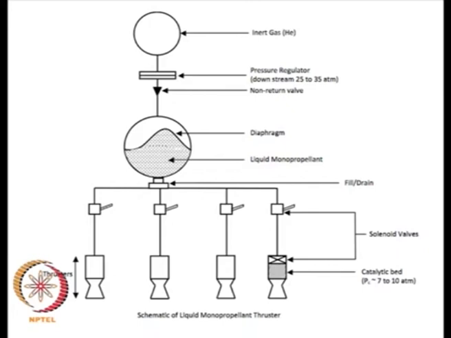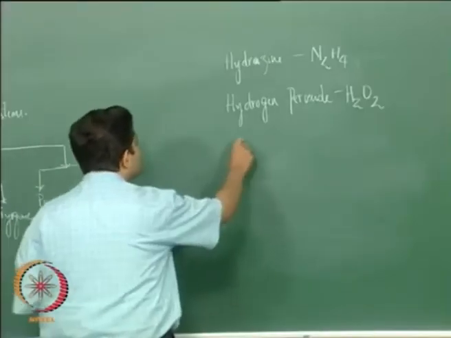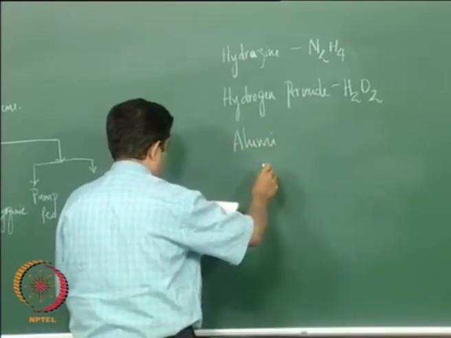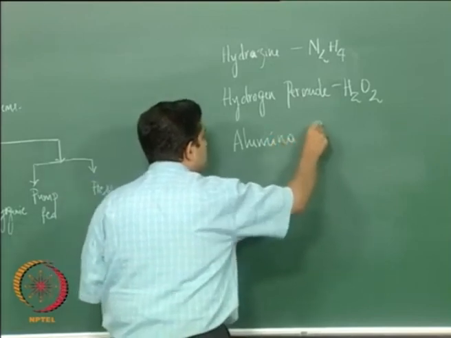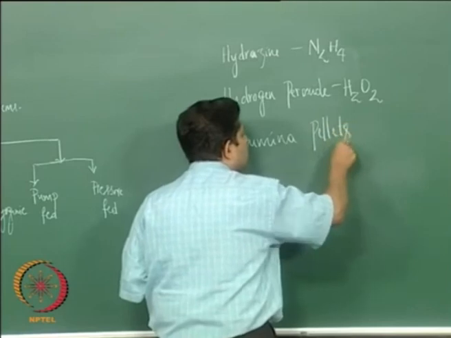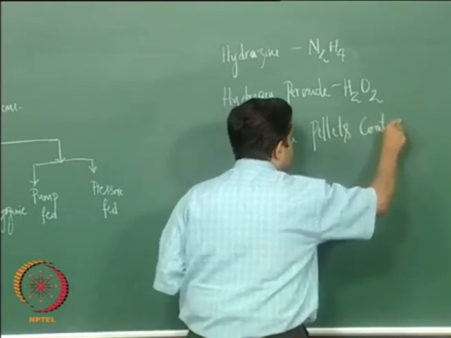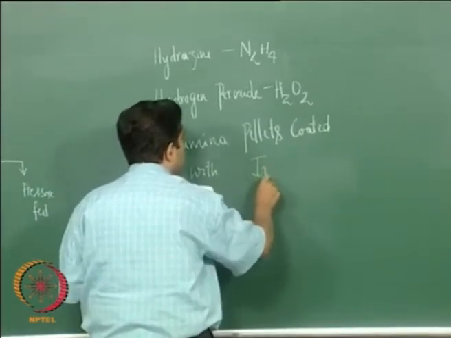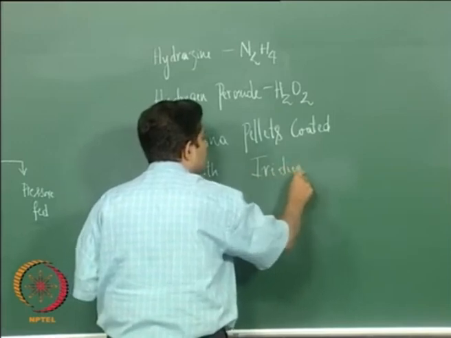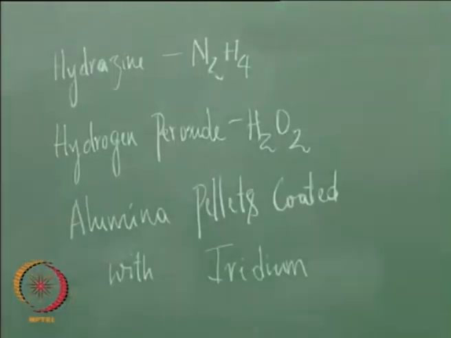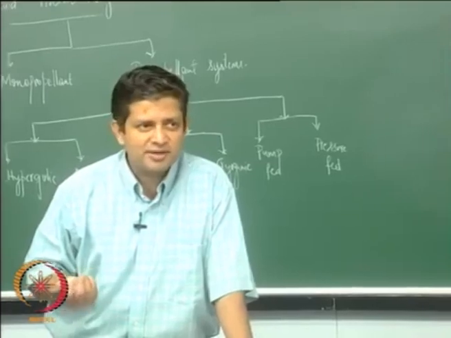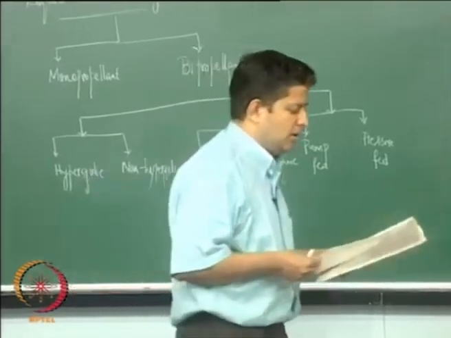A typically used catalyst is aluminum pellets coated with iridium, and because of this catalyst the decomposition of either hydrazine or hydrogen peroxide takes place.